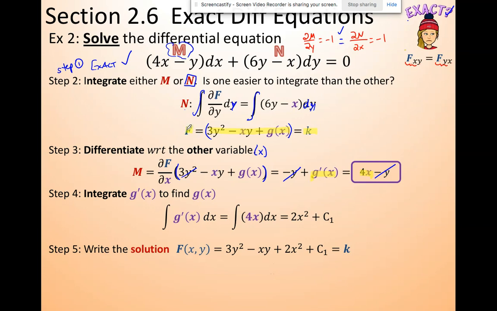So I'm copying all of this over. My potential function f in terms of the two variables: I already found those two terms, 3y squared minus xy, but I now found 2x squared plus one constant. I'm a level curve, right?